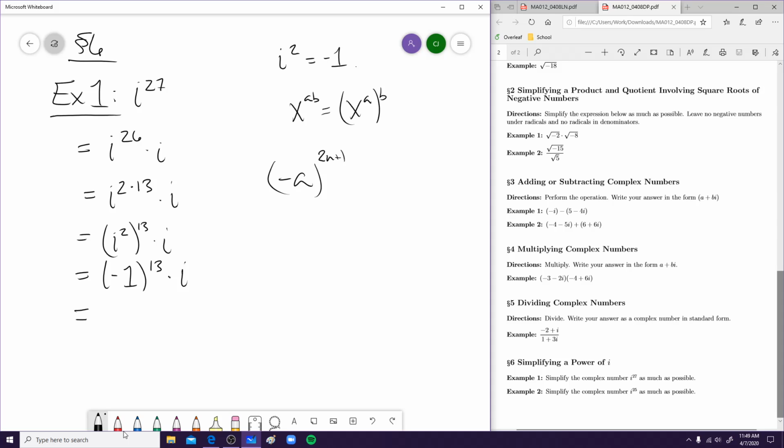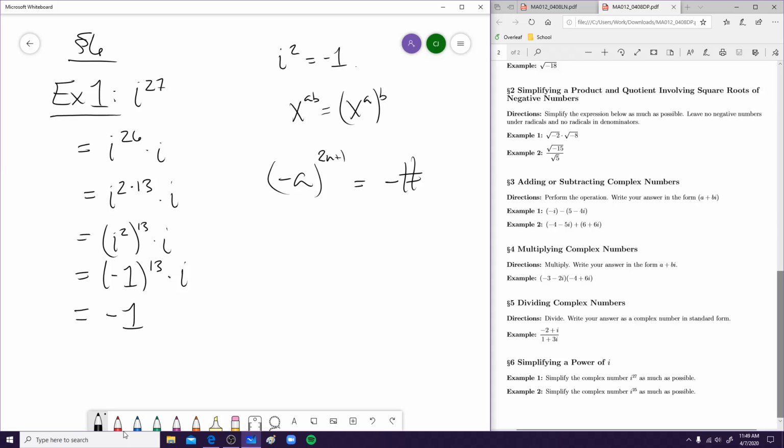This is how you write an odd number. This is always going to be equal to a negative number. If you don't believe me, you are more than welcome to take -1 and multiply it by itself 13 times, but then you will see that this is -1. Even if it's -1 to the 3rd power, -1 to the 101st power, anything odd, it's going to be negative.